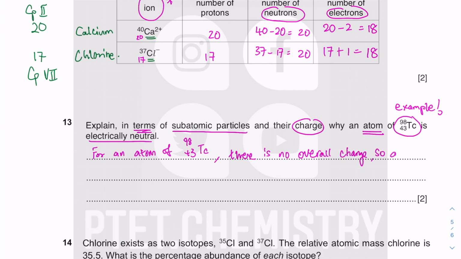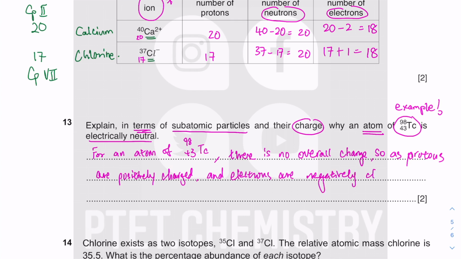So as protons are positively charged, so I'm talking about the charges now, and electrons are negatively charged, the number of protons equals the number of electrons in an atom of 98 43 technetium.